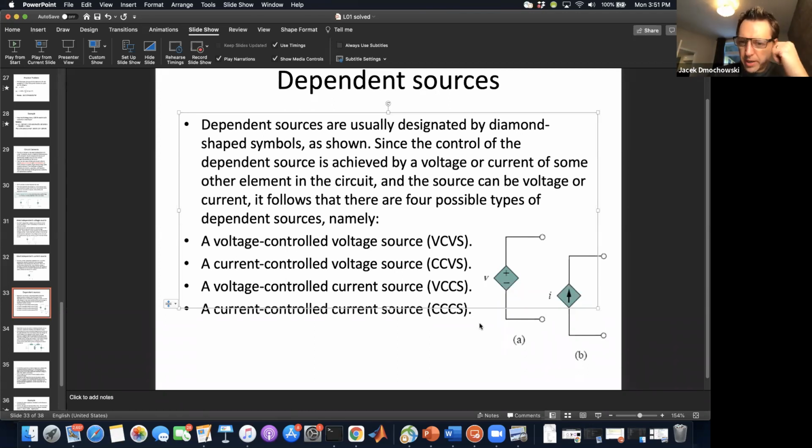That is the only way you can tell with a dependent source. You cannot just look at the label; for example, we can call this I and this V, and it would still be valid. So again, pay attention to the actual symbol of the dependent source. If it has a positive and a negative terminal indicated, it must be a dependent voltage source.